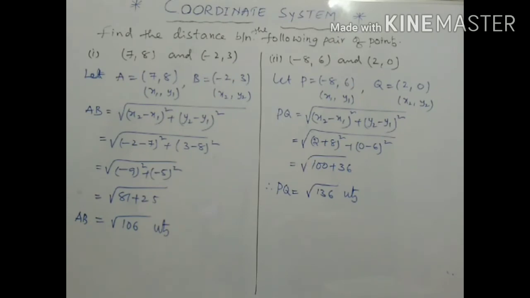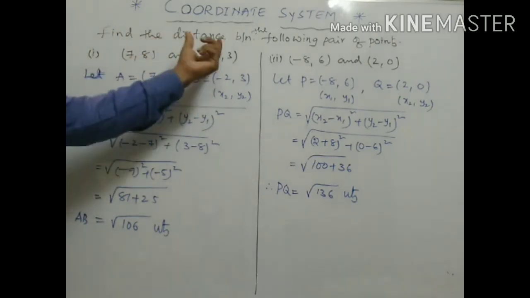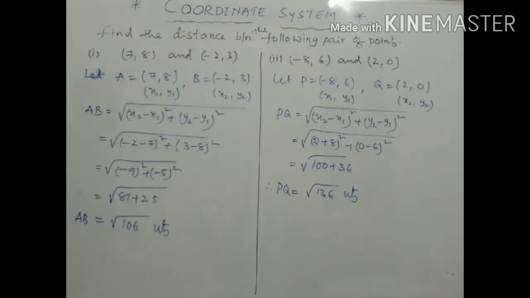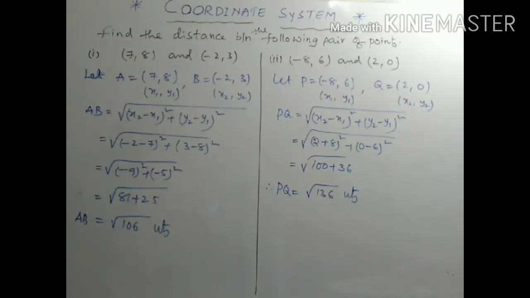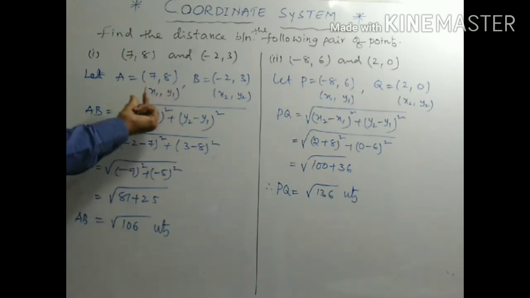So let us take a basic fundamental example: how to find the distance between a pair of points. The first pair is (7, 8) and (minus 2, 3). You can denote the first point as capital A and the second point as capital B. The pair is always x comma y.